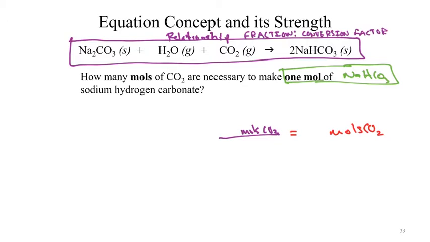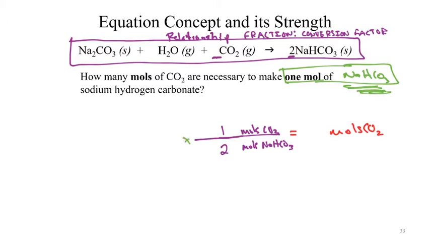Okay, what do I want to relate it to? Well, I think relating it to moles of sodium hydrogen carbonate is going to make sense because the given piece of information is just sodium hydrogen carbonate. So now that I've established which 2 things I want to relate, now I can bring in the numbers. The number in front of CO2 is 1. The number in front of sodium hydrogen carbonate is 2.